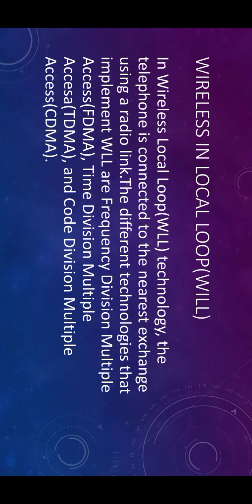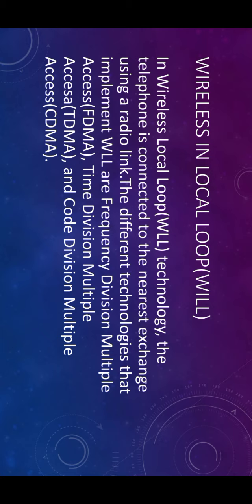Let's talk about the wireless in local loop, that is WLL. In wireless local loop technology, the telephone is connected to the nearest exchange using a radio link. The different technologies that implement wireless in local loop are frequency division multiple access, that is FDMA, time division multiple access, TDMA, and code division multiple access, that is CDMA.